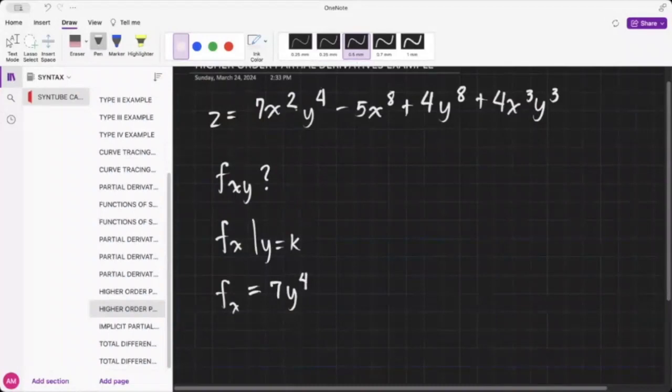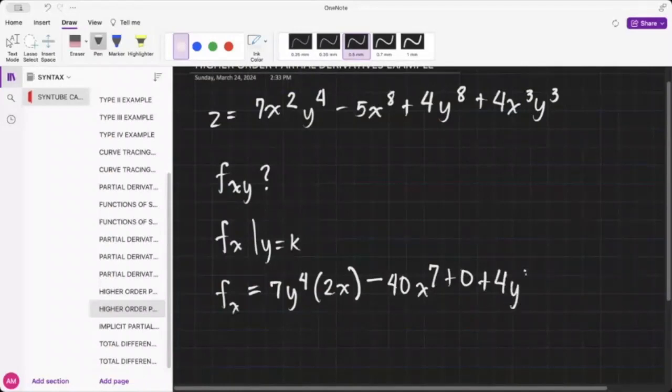Yung concern ka lang is si x squared. Ano yung derivative ng x squared? That's just 2x. Minus, derivative ng 5x raised to 8 is just negative 40x raised to 7. Then, ito, again, y is a constant, so this is just 0. Ito, ano yung constant mo dito? 4y cubed.